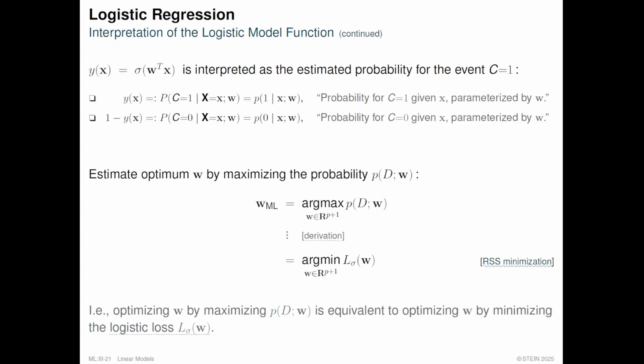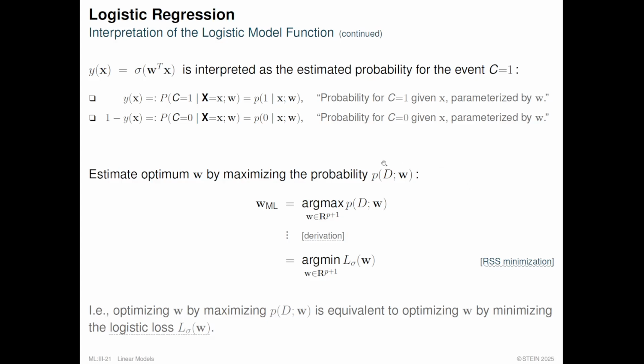And now the question is how we can estimate our weights. And we do that again by optimizing probabilities. So before, what we did was we minimized the error in a linear model so that the model hopefully predicts the configuration with the lowest mean square error.